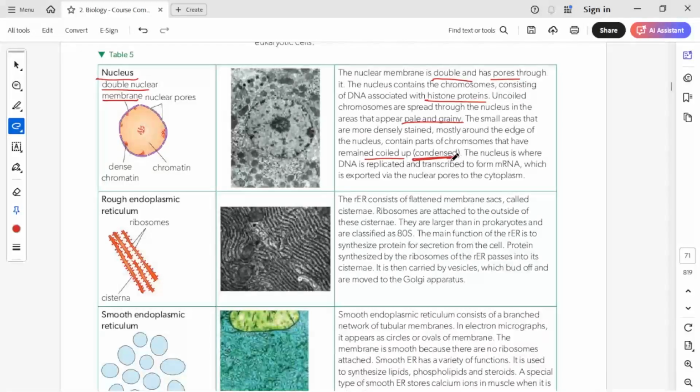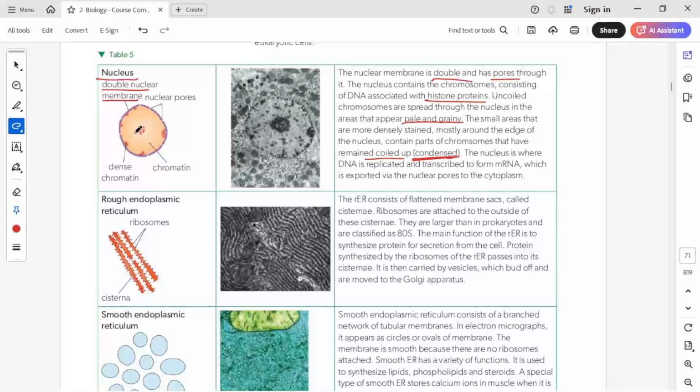Condensed DNA will be seen in the cell division condition, while the cell is dividing. The nucleus is where DNA is replicated and transcribed to form mRNA, which is exported via the nuclear pores to the cytoplasm. We discussed that DNA can replicate and multiply its whole genetic material.